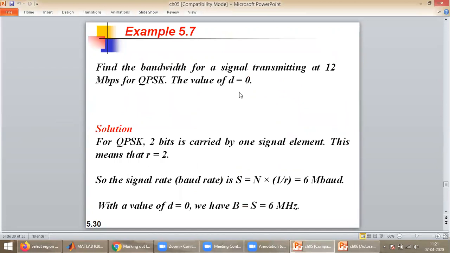Next, consider one problem. Find the bandwidth for a signal transmitting at 12 Mbps for the quadrature phase shift keying method. The value for D is 0.